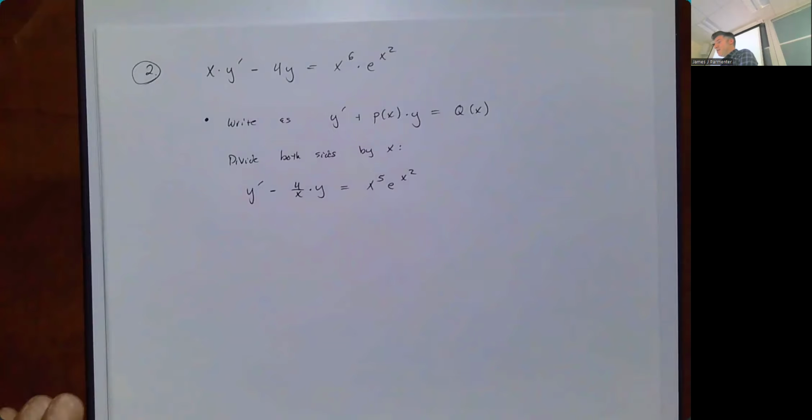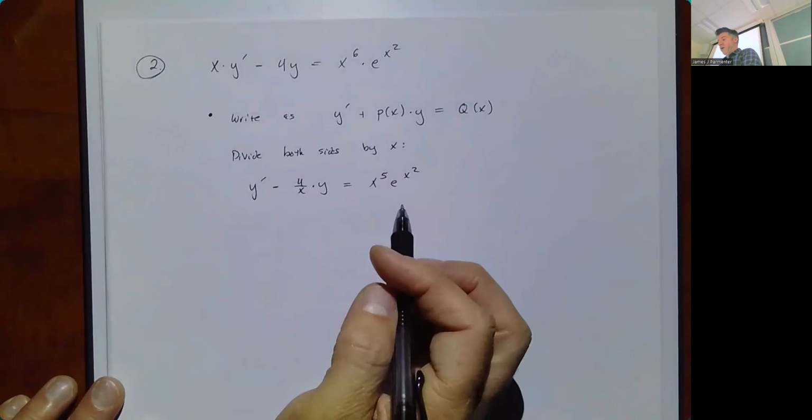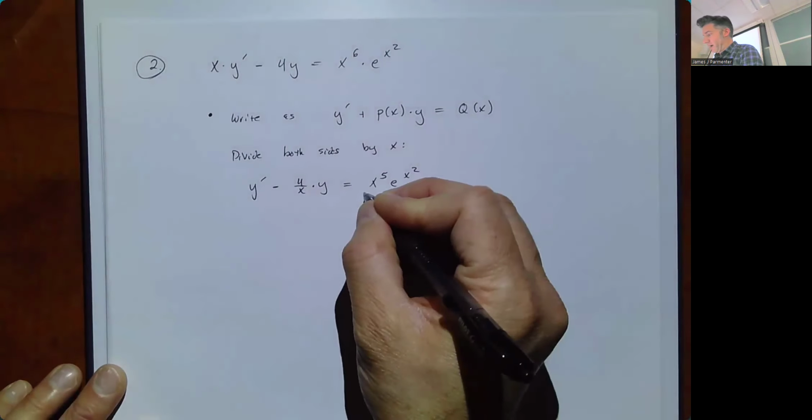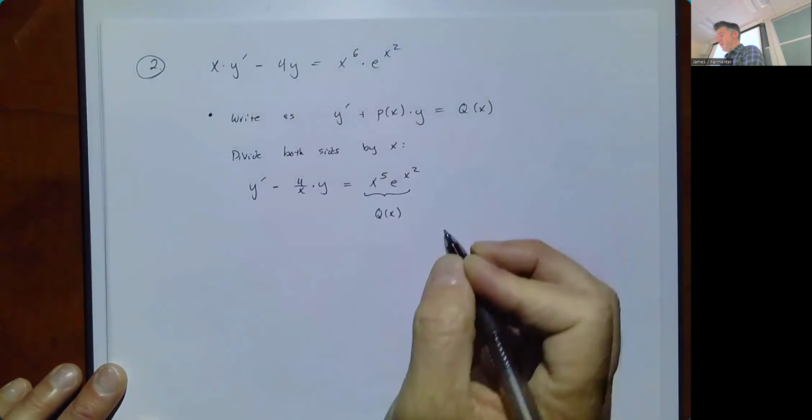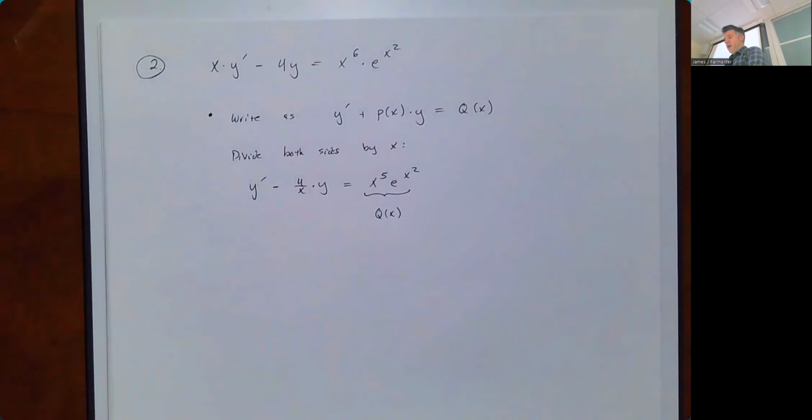So now we've got this written in the standard way, and I can see that my q of x is x to the 5th e to the x squared. And what's my p of x? What's the coefficient of y? You're almost correct. It's actually negative 4 over x.